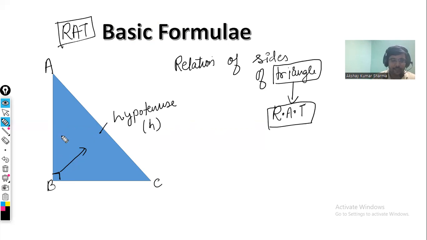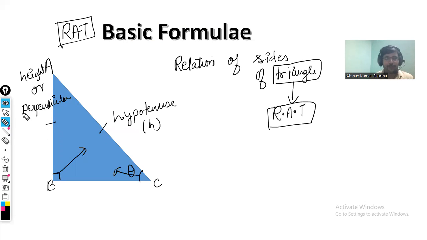Let's jump to the next point. Now if I am taking this angle for consideration, let's say as theta. The side opposite to this theta becomes our perpendicular. Don't get confused. This is called perpendicular, or you can also call it height, but most probably we don't consider it as height.